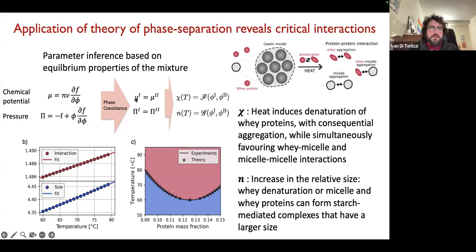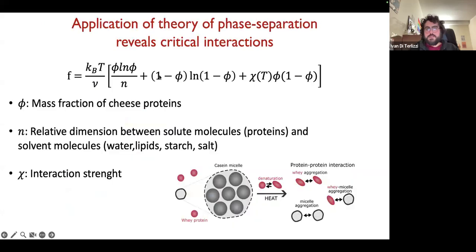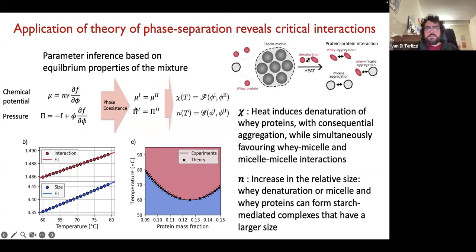These formulas here are analytical, because the free energy is analytical here, and this gives you a set of coupled linear equations which can be solved for the interaction and the size as a function of these lines, the F1, the phi 1, and the phi 2. The phi 1 is this branch here of the line, and the phi 2 is this other branch here, okay? So these values could be extracted from the experiments.